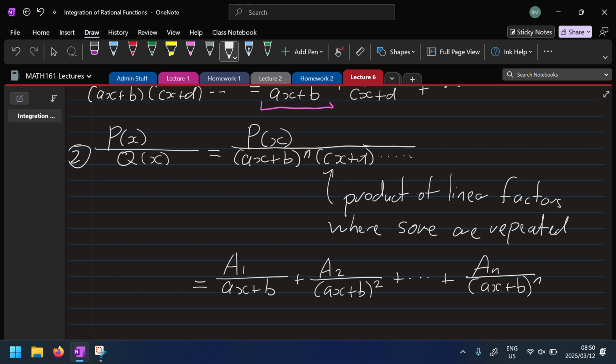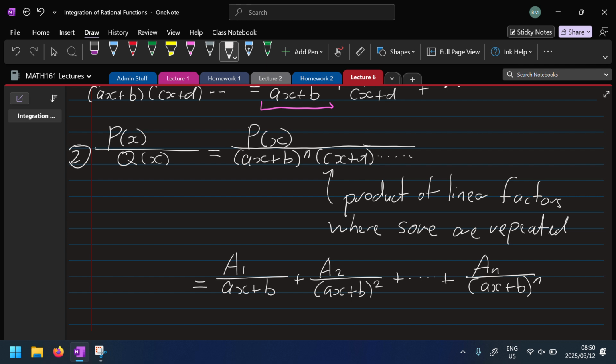So if it's cubed, we're going to have 3 terms: the linear term, the quadratic term, the cubic term. If it's (ax plus b) squared, we're going to have the linear term, ax plus b, plus (ax plus b) squared. So the number of terms you have is always however many times it's repeated. If it's (ax plus b) to the 4, you have 4 terms. If it's (ax plus b) to the 3, you have 3 terms. And it follows the same pattern.